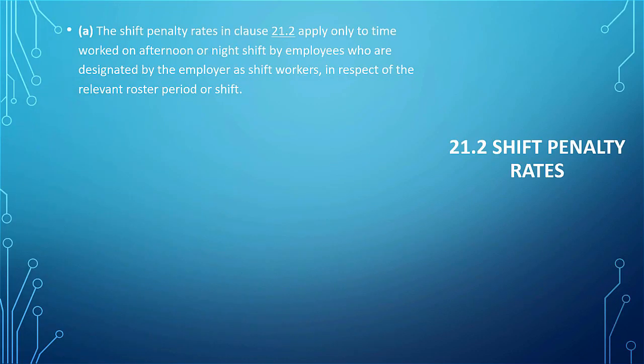Now, shift penalty rates apply only to time worked on afternoon or night shift by employees who are designated by the employer as shift workers in respect of the relevant roster period or shift. Again, using the example of starting at 5:45 a.m., that's part of the night shift rate, just so that you understand that.